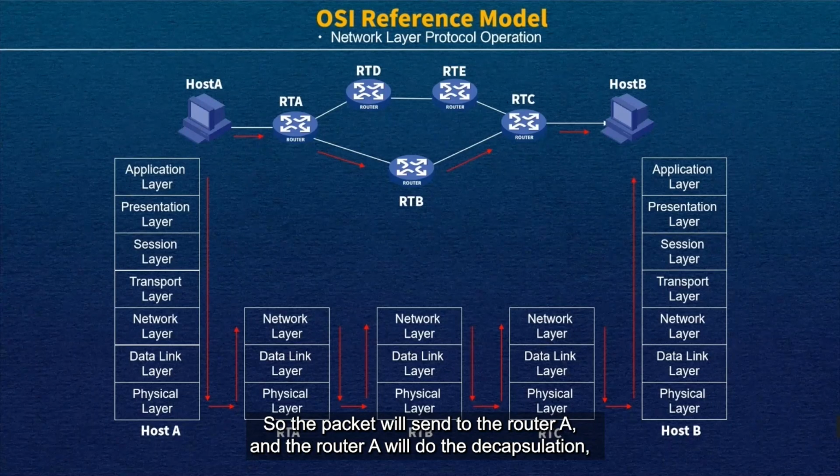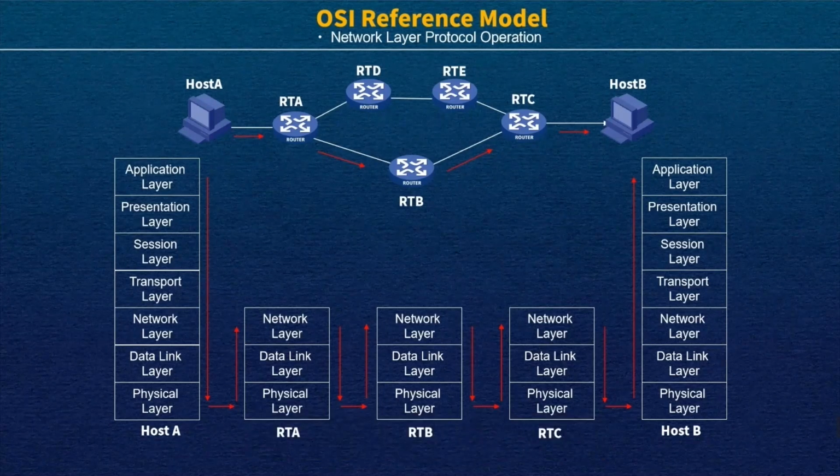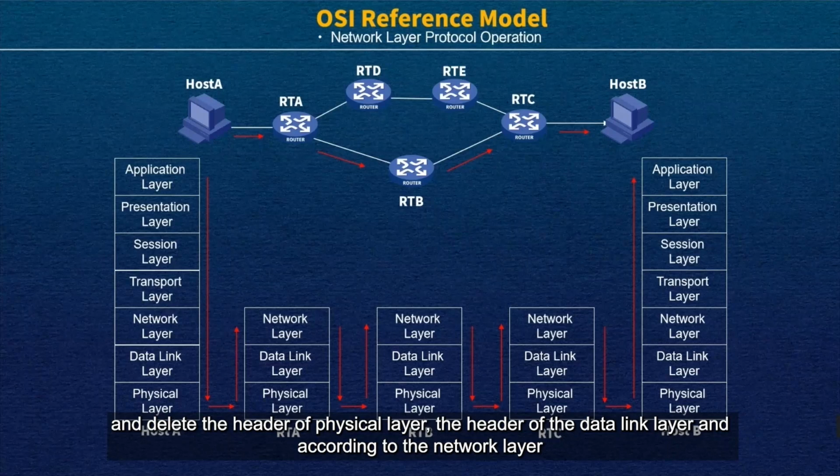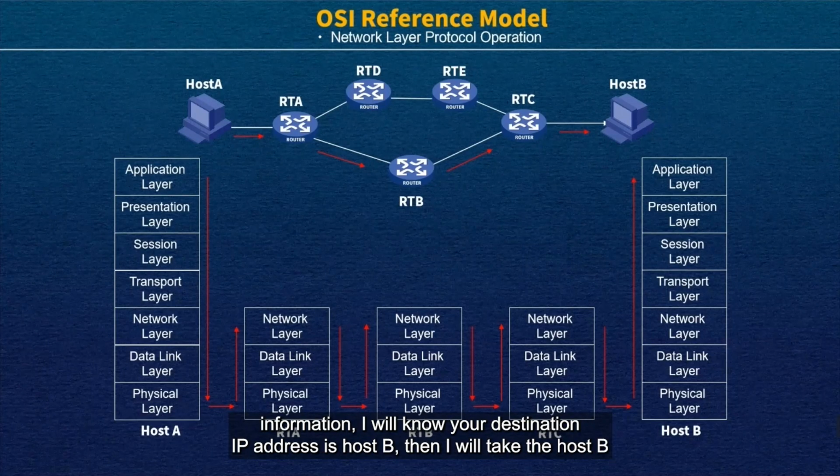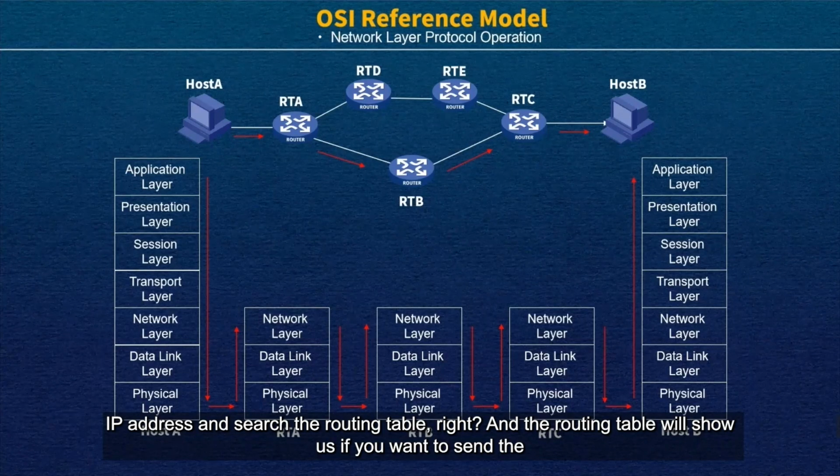And router A will do the de-encapsulation and delete the header of the physical layer and the header of the data link layer, and according to the network layer information, it will see that your destination IP address is host B. Then it will take the host B IP address and search the routing table, right?